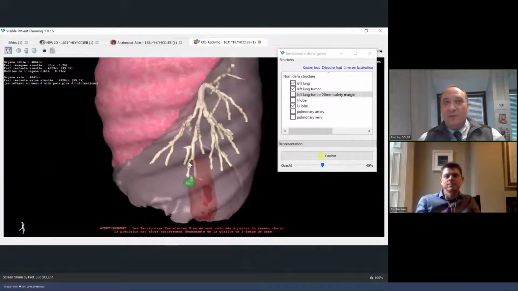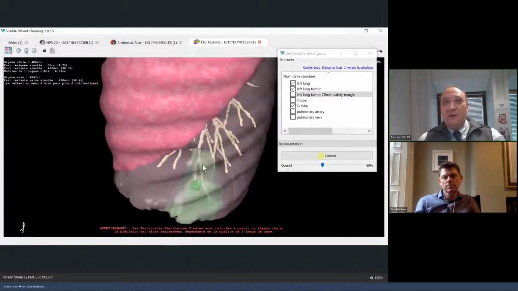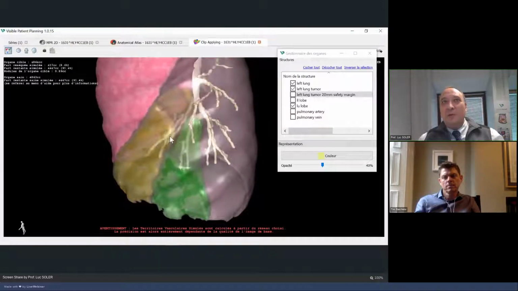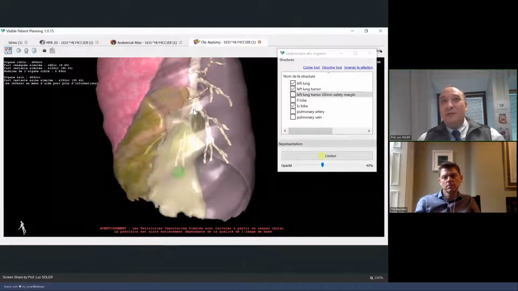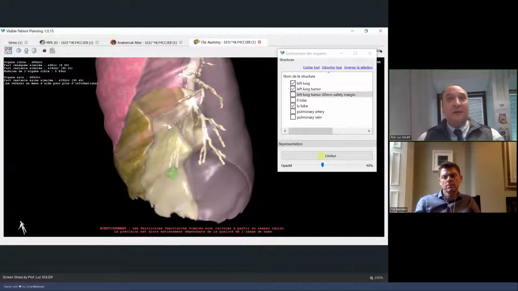I can do the same for the next one here. If I clamp the previous one, of course, you will have the join between the 2 things. And you can do that for any branches as you want, onto as many segments as you want. So it's not only segmentectomy, it's also the possibility of subsegmentectomy.